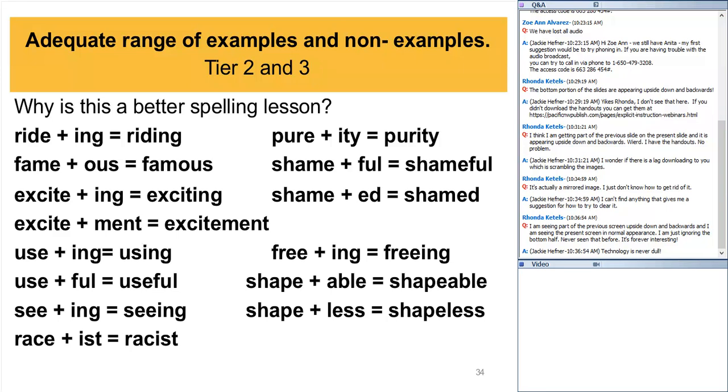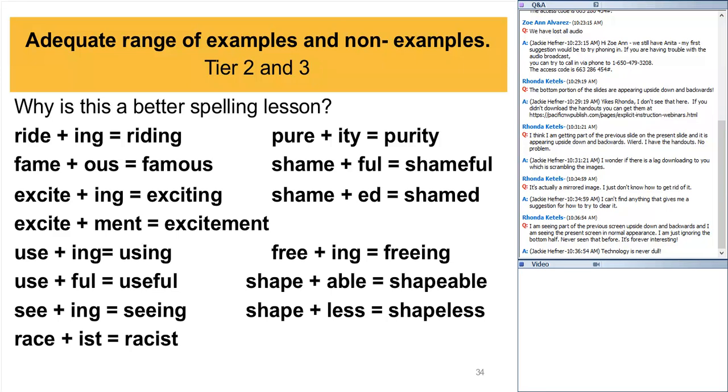So shameful and shapeless. But this one even shows another design feature, and that is that in some cases there's what we call a minimal pair, shameful and shamed. Okay, that is meaning that they are just minimally different, just a little bit different. So the students really have to think about the attributes.